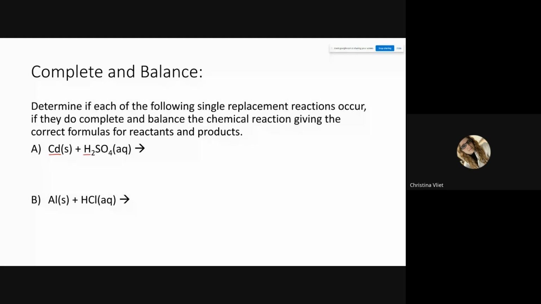Because this is a metal. Metals and compounds would have positive charges. It would replace a cation. Hydrogen is a cation. So look at your list. Look at the paper. Is cadmium going to replace hydrogen in sulfuric acid? It will if it's above it.